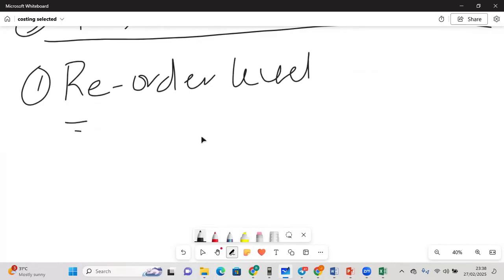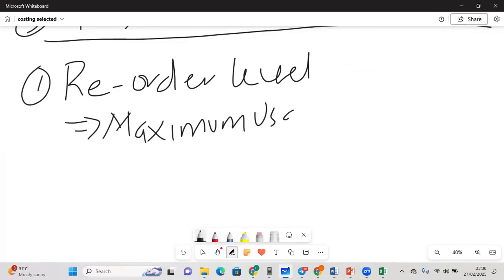Reorder level is equal to maximum usage times maximum delivery time.